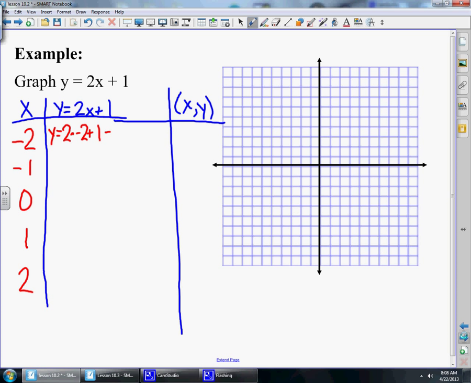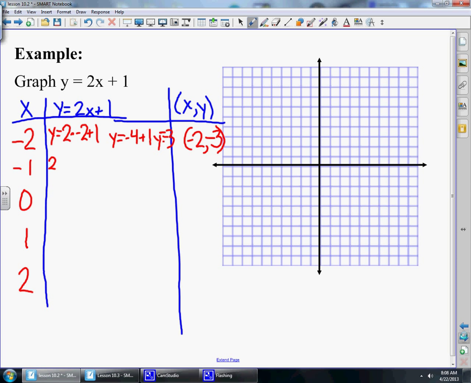So let's see what we get. 2 times -2 is -4, plus 1. So that means y is equal to -3. So our ordered pair is (-2, -3).